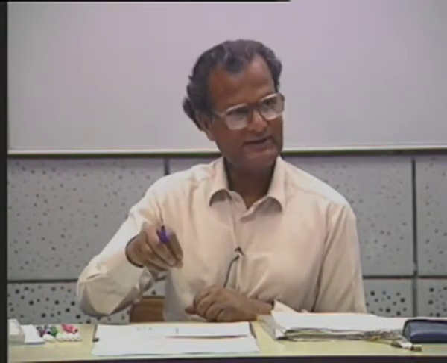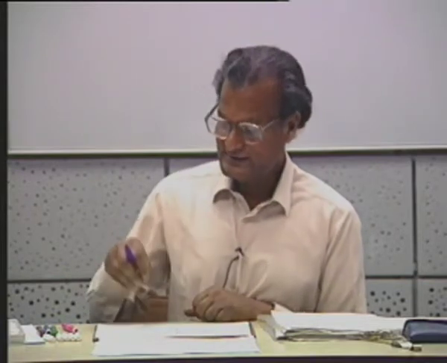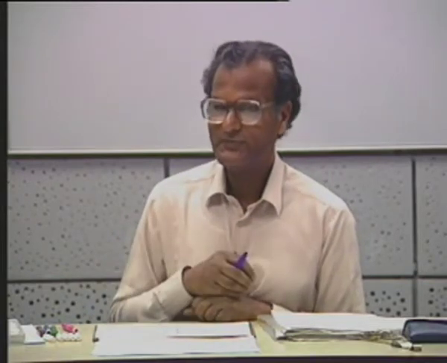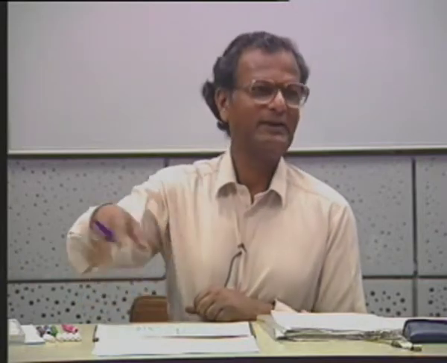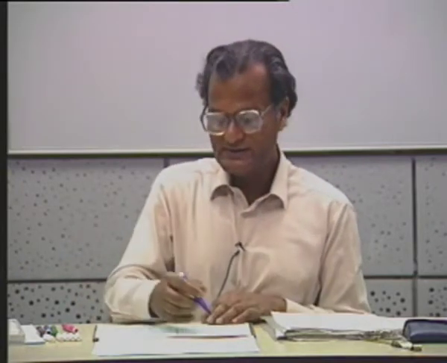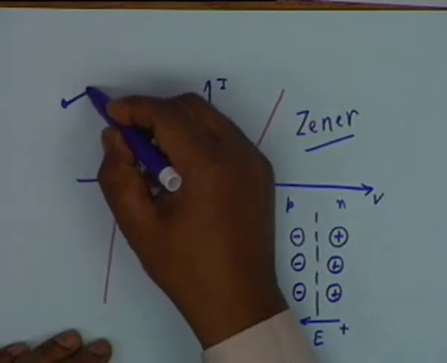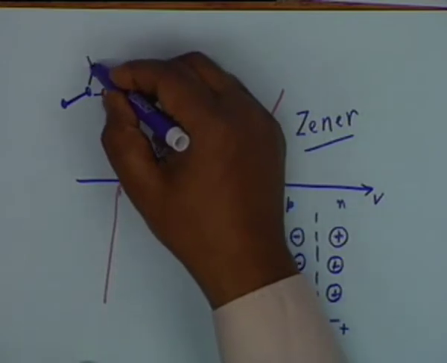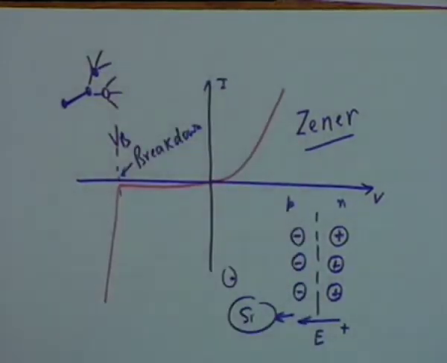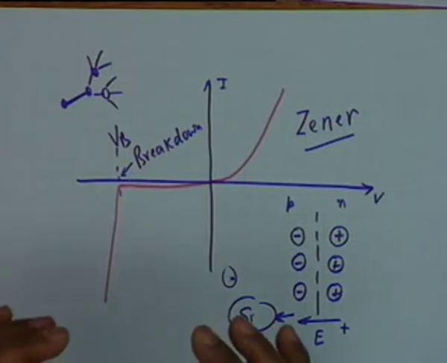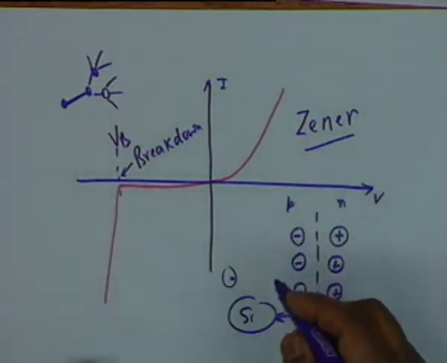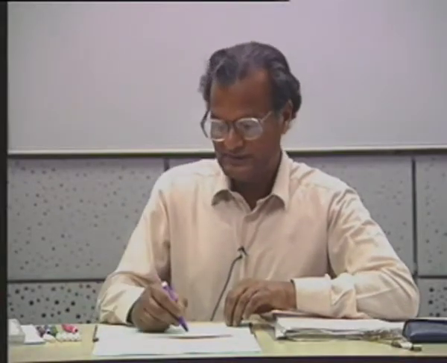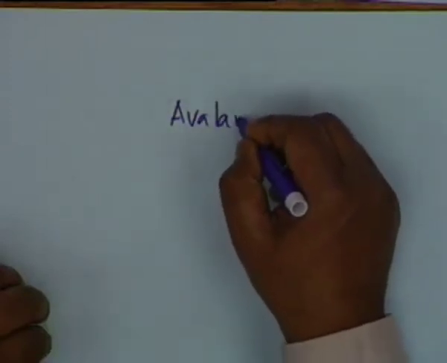This carrier in turn accelerates in the field and can set other electrons free from other atoms, and this builds up. This sets, let us say, 2 electrons, then these set more electrons, a kind of avalanche effect. This kind of breakdown, which occurs due to collision of carriers with fixed atoms, is called avalanche breakdown.